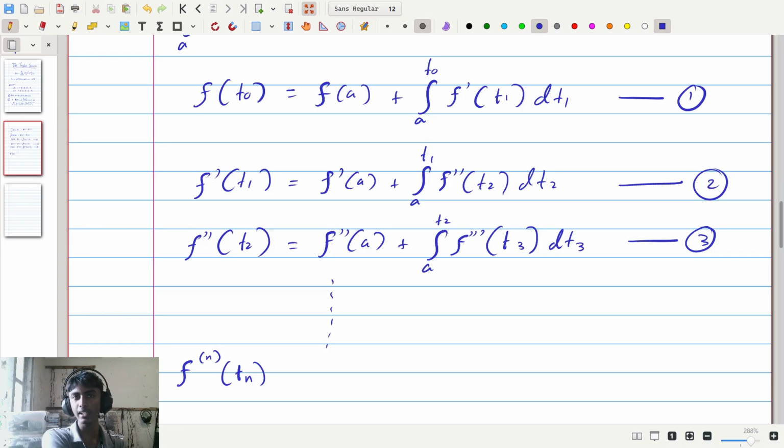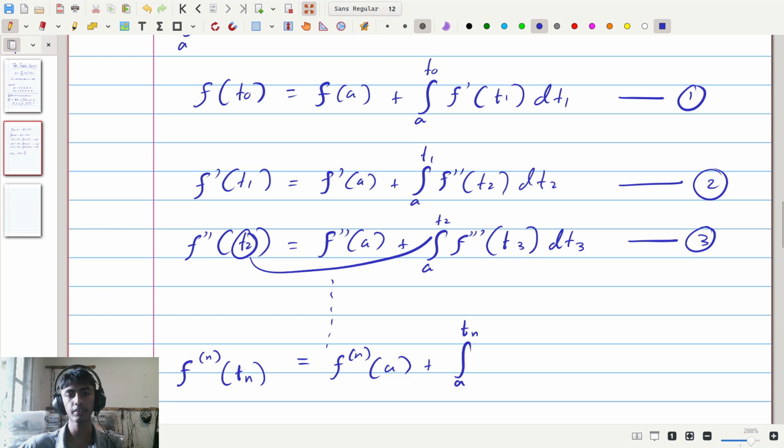You don't need to do it like this, it's just that I like doing it this way because it makes everything systematic. So then this would be equal to the n derivative of f evaluated at a plus the integral from a up to t sub n, as in the same exact variable that we have here.